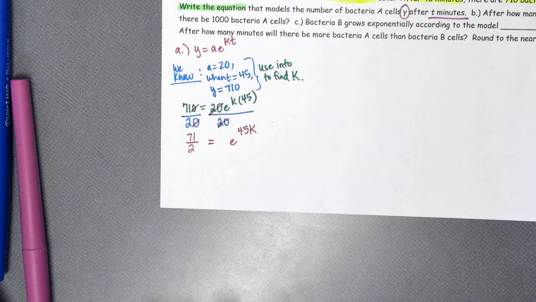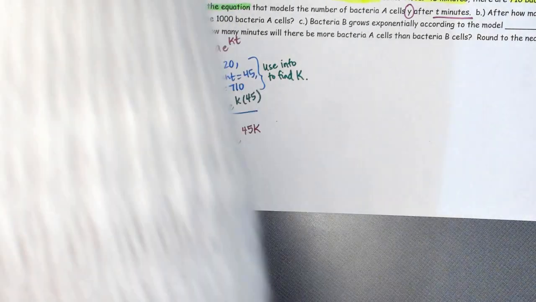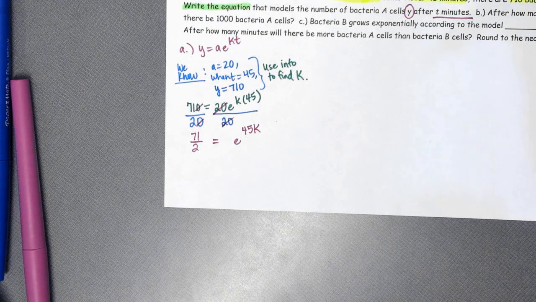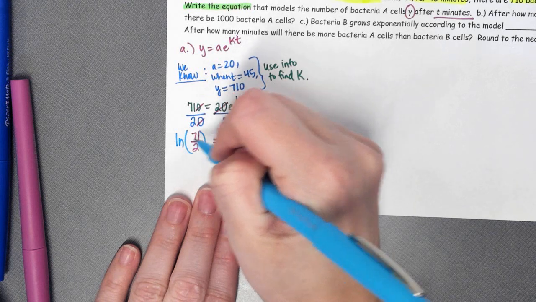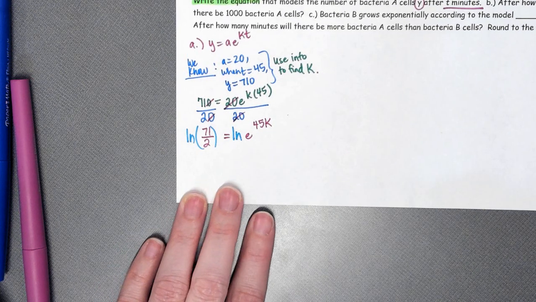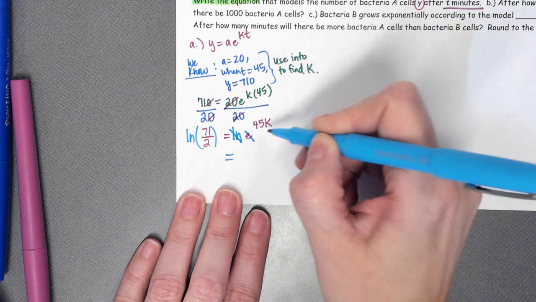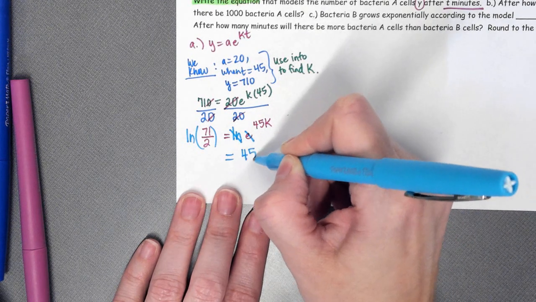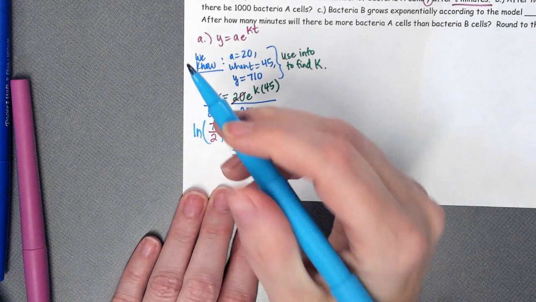That's fine too. Now, do you guys remember from last week what undoes e? Yeah, the natural log. So we're going to take the natural log of both sides. Natural log is ln. That is how it's written. And the natural log and e are inverses, so those are going to undo one another. And we're able to bring that exponent down. Do you guys remember why we're able to do that?